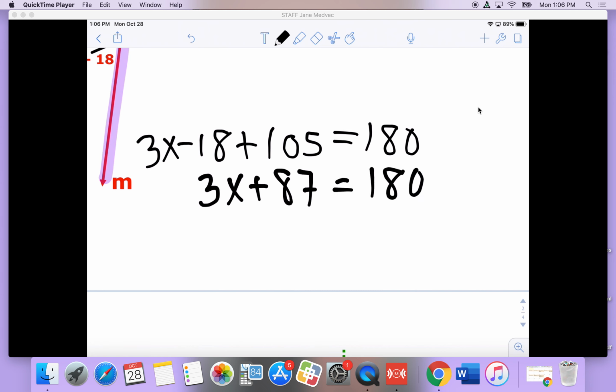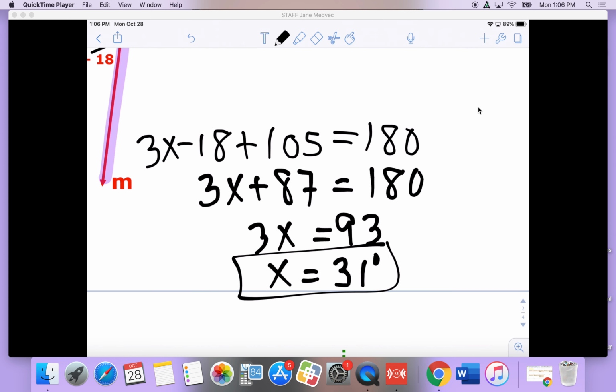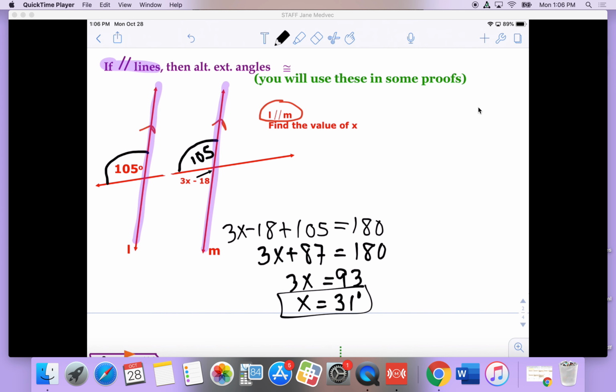Okay, and then we subtract, so 3x gives me 93. Divide by 3, x gives me 31, so 31 degrees. And then check and see: did I answer the question? Did I find the value of x?